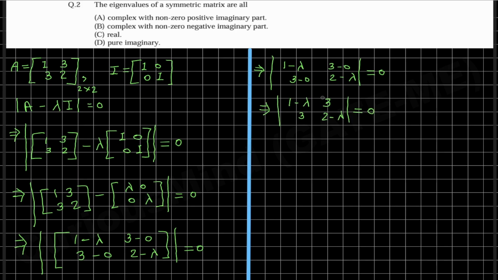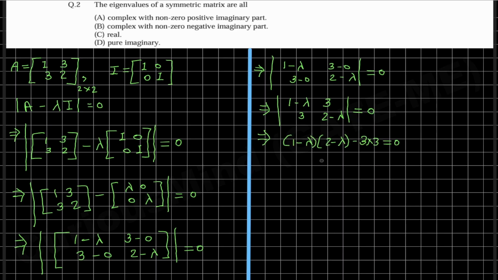So we have the simplified determinant. Now we would expand this determinant by cross multiplying, because it's a 2 by 2 determinant.